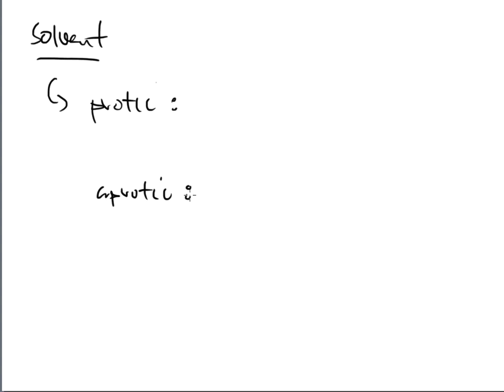So what is a protic and an aprotic molecule? We need to build our vocabulary. So protic represents basically a solvent that has a hydrogen that is bonded to an N or an O. That's it. A nitrogen or an oxygen. Very similar to what we would call a hydrogen bond, right?